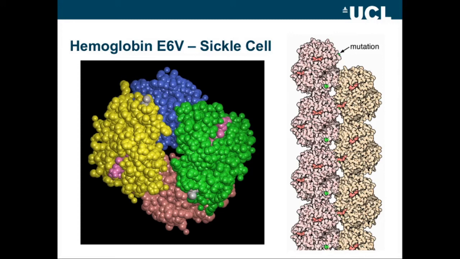So on the right the mutation is shown in green, and these can then associate, leading to these fibers or fibrils of hemoglobin, and that's what causes aggregation within the red blood cells, leading to this sickle shape of the cells and them blocking the capillaries.